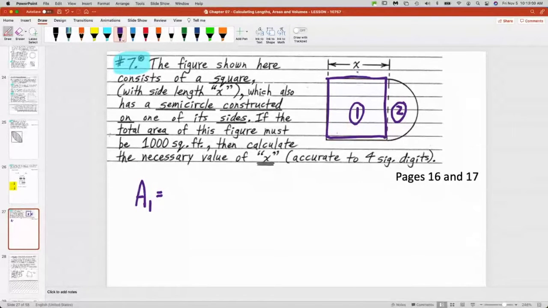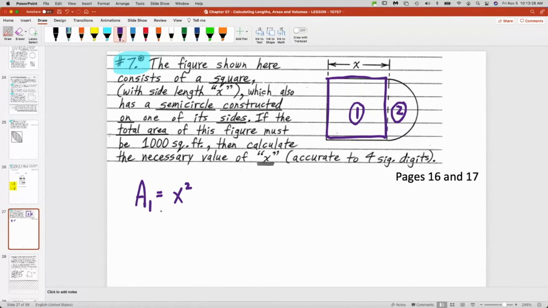Any volunteers? Okay, if this square is x by x, thank you, Nicholas. So this is x squared because the length is x and the width is x, so it's x times x.